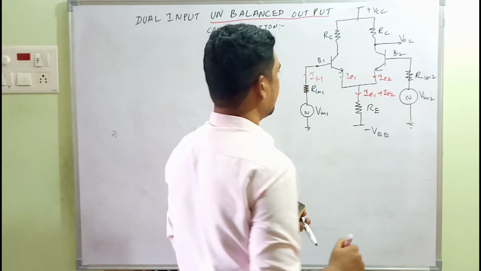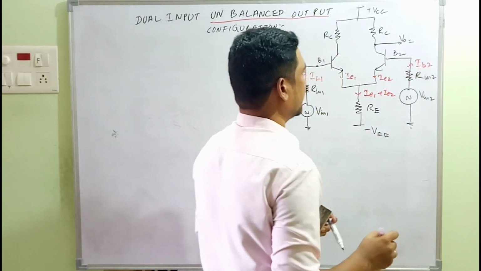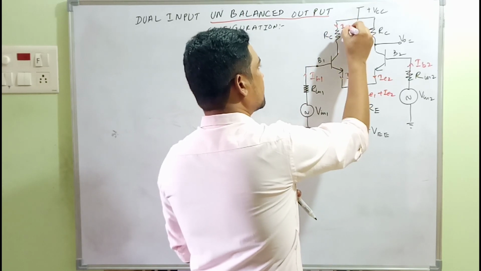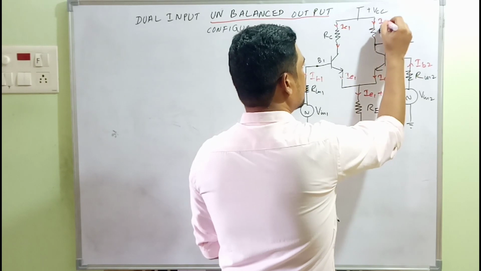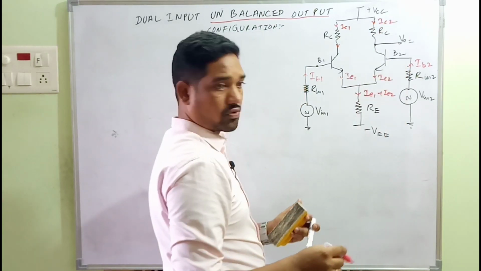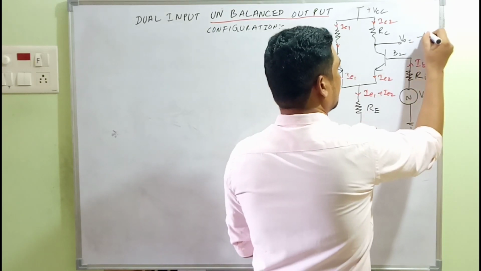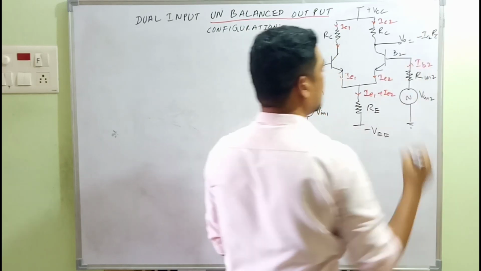IE2, and here we have IB2 flowing, and IC1 flowing in this direction, and IC2 in that direction. So what will be V0? It will be minus IC2 RC, which will be our V0.